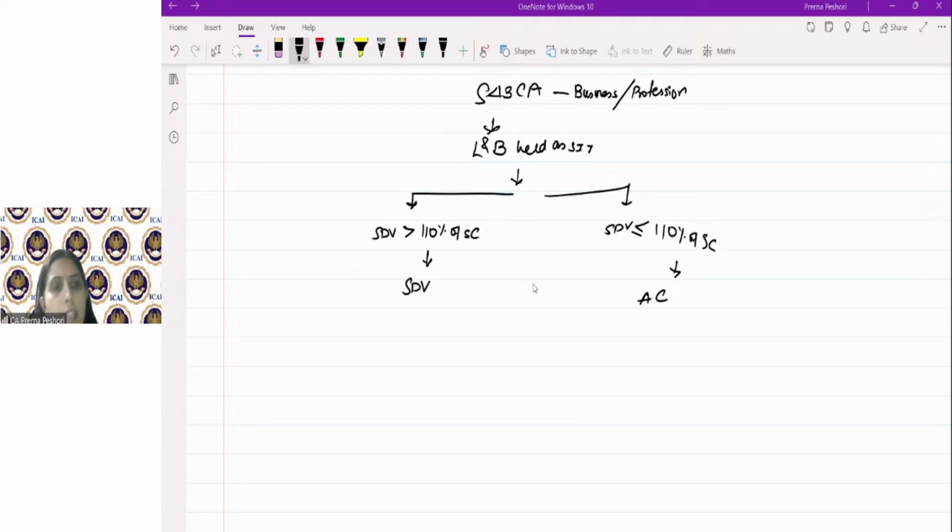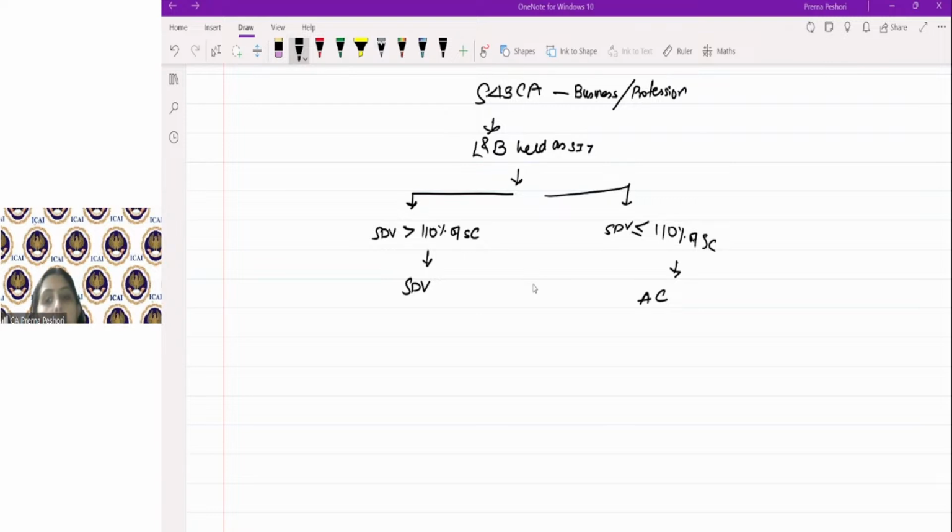There is a small exception which may not be relevant too much now, because that was for residential units transferred between November 2020 and 30th June 2021. For that residential unit, it was 120% of the actual consideration instead of 110%.